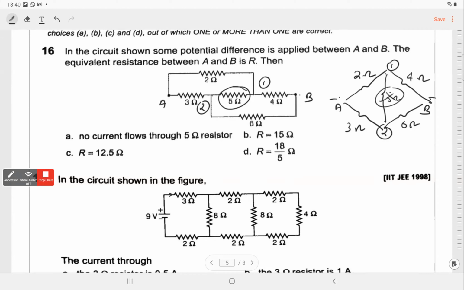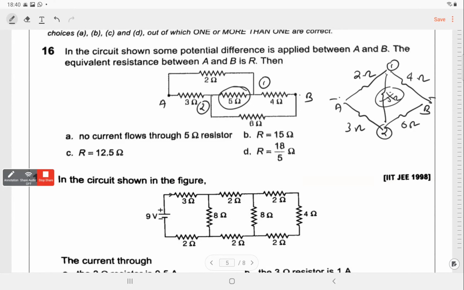What is the answer? So 18 by 5. 18 by 5.